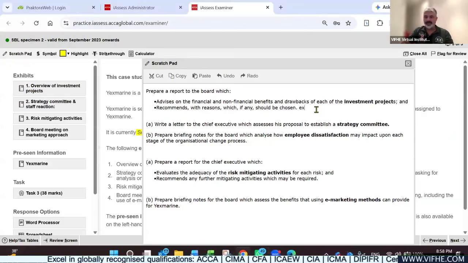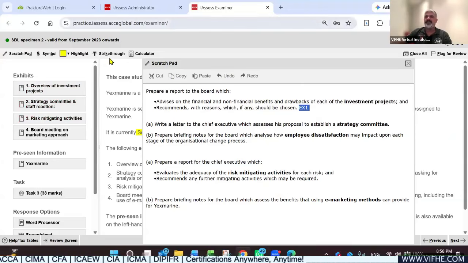So this one is clearly exhibit 1, right? Straightforward. Done. So I identified that for this task, we will need to use exhibit 1.